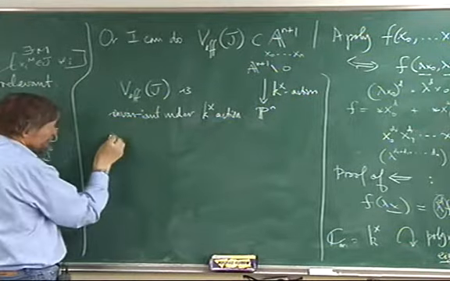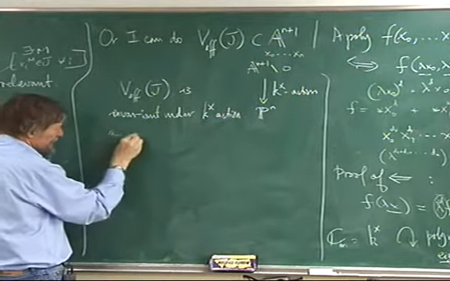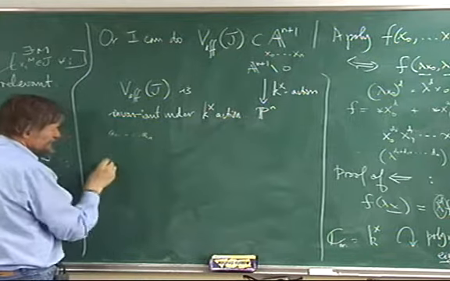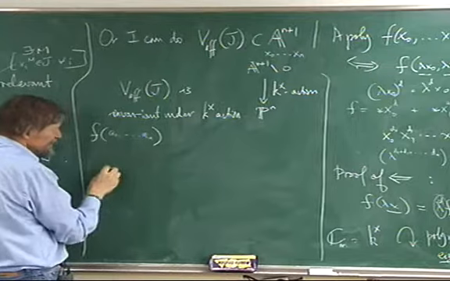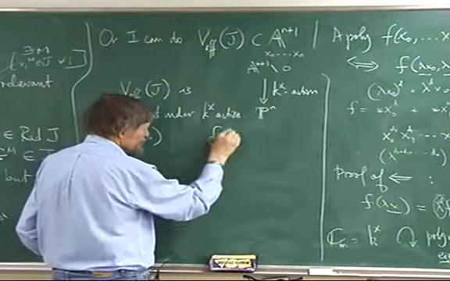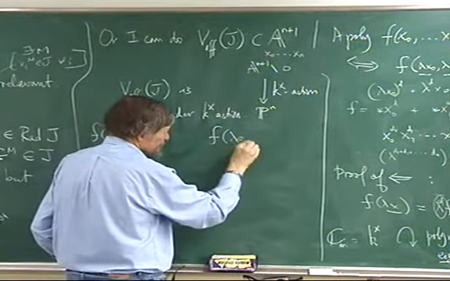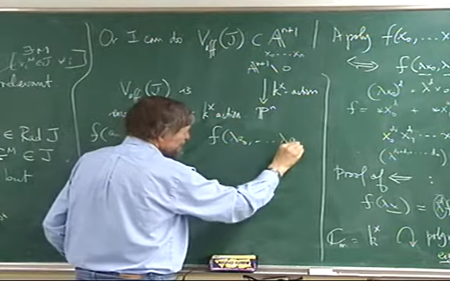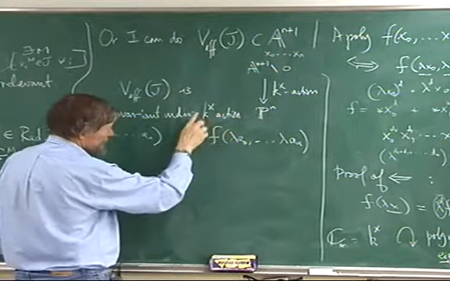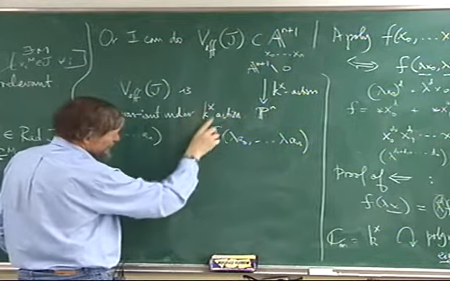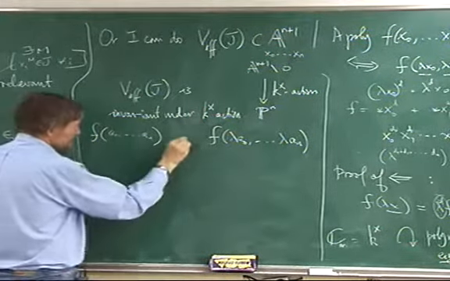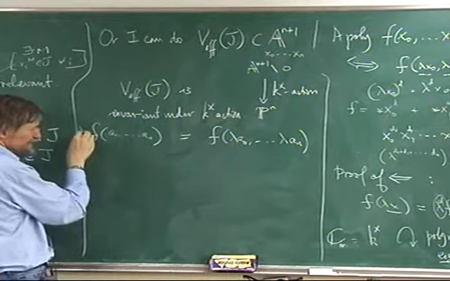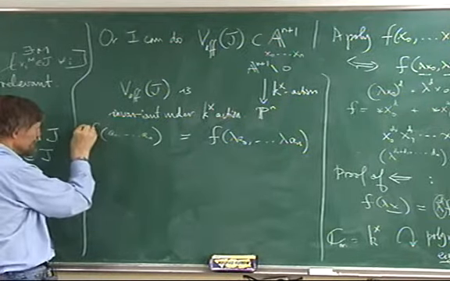If I've got a naught up to an, and I do F of a naught up to an, or I can do F of lambda a naught up to lambda an, I get the same thing up to lambda to the power of d.